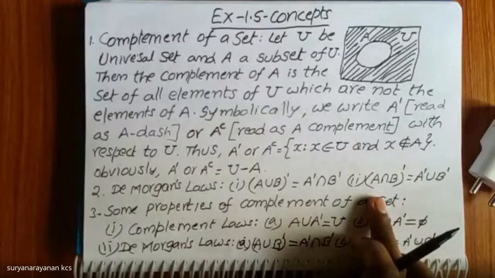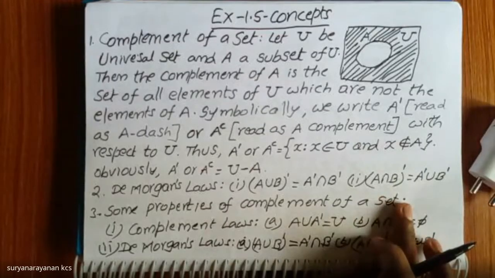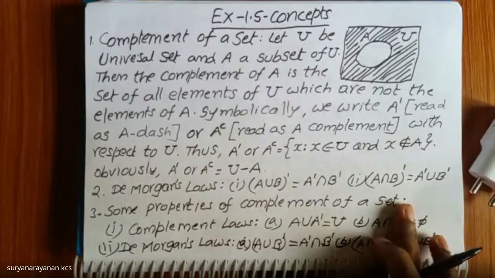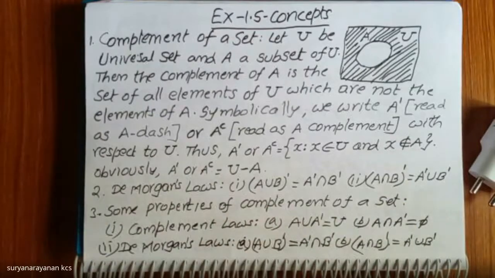Can you see that second De Morgan's law? Yes, sir. Richard also said okay. Rexlin also said okay. Once check your device. Nikhil also said okay. Because on my screen also it is showing the entire book.